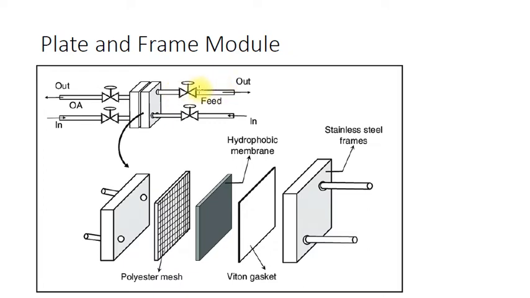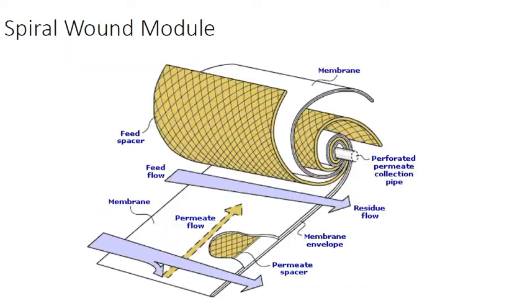This is for the rejection side, and this is for the product side in the reverse osmosis membrane. This type of geometry is called the plate and frame module. Here the membrane is situated inside a frame, and flat sheet membranes are used in this type of module.